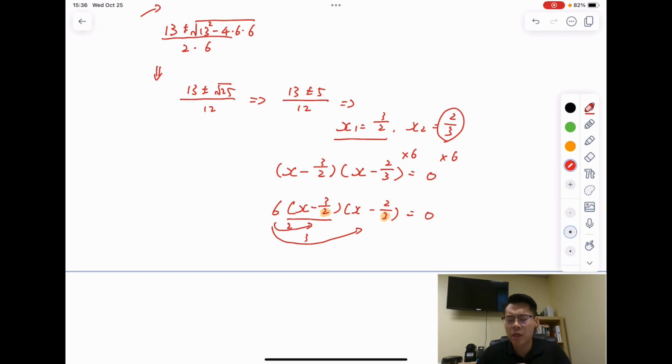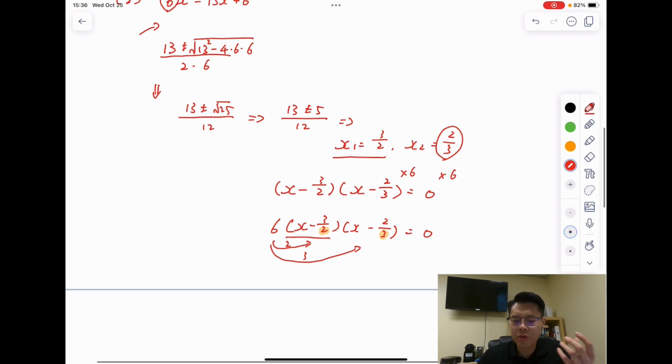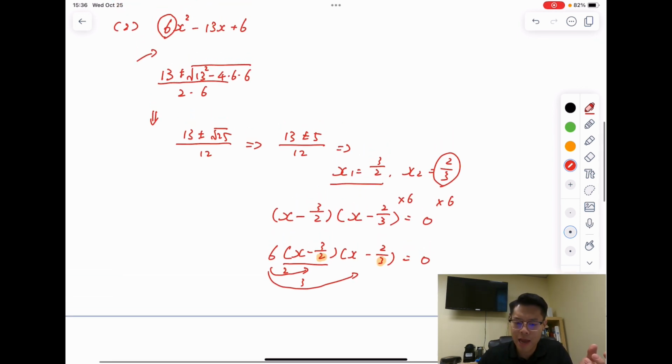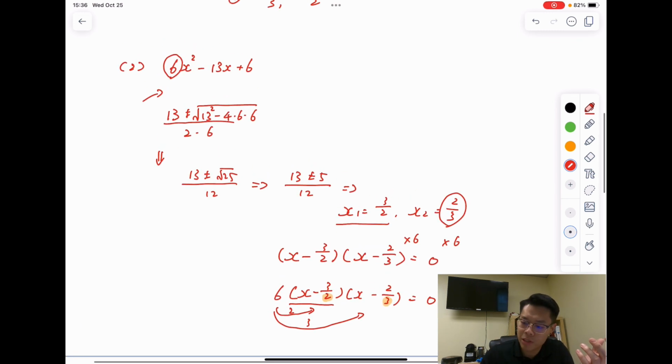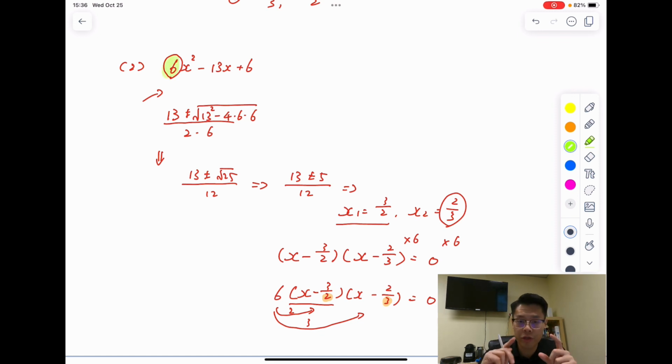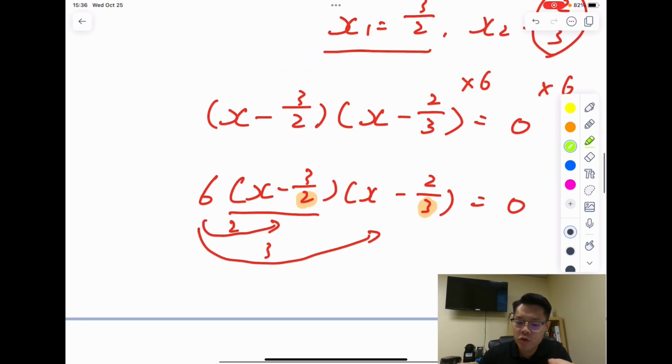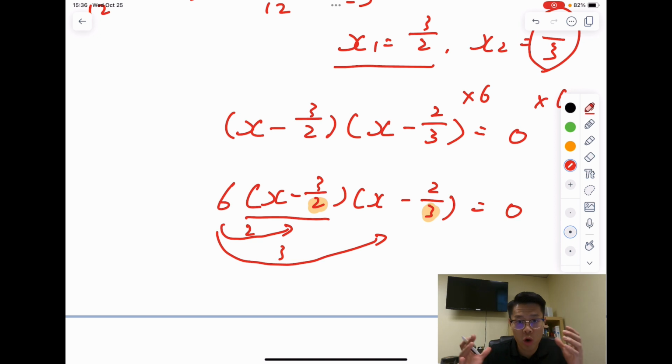And you might want to ask, Tony, why do I have to multiply this by the 6? So the official explanation is that because I have my first degree coefficient, which is 6, right here, if you guys can see, this is my target coefficient. I will need to multiply by it to make it exactly like that when we open up everything. So that's the explanation there.